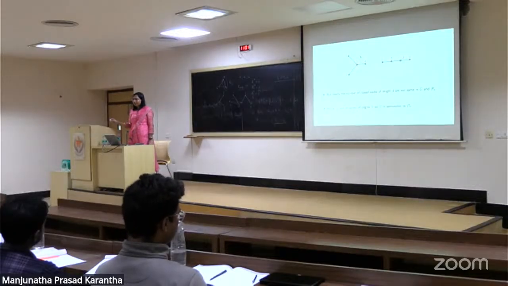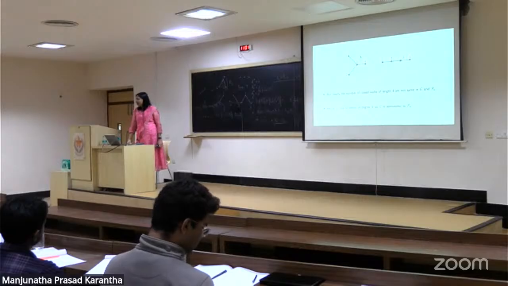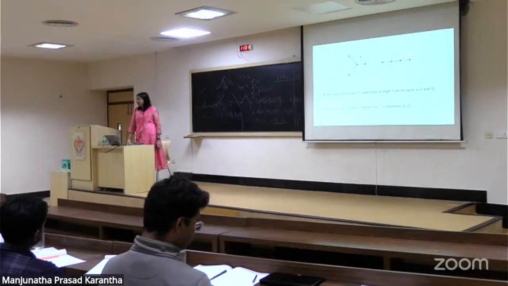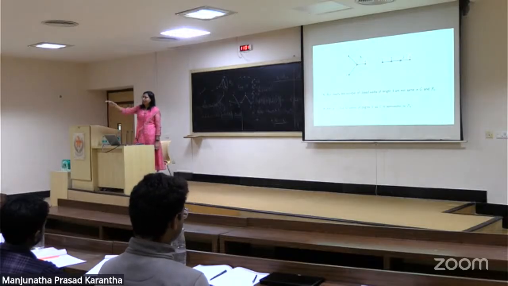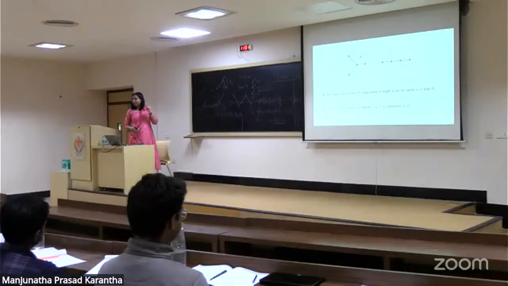I'm counting from edges, so 1 step going and then coming back. Those are the 6. I'm not using 2 steps going, I'm just using 1 step. So I go from 1 to 2 and then 2 to 1, and again 2 and then 1. That is 1. The same I do for 4 also, so those are 2. Now for 2, I can go to 1, come back, and then go to 1, come back.